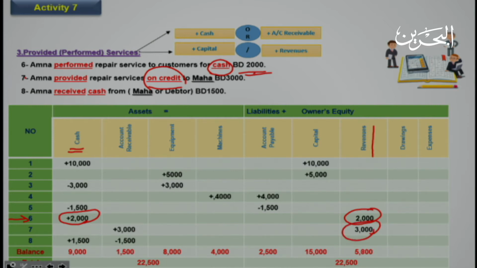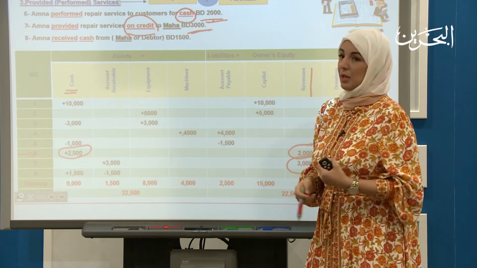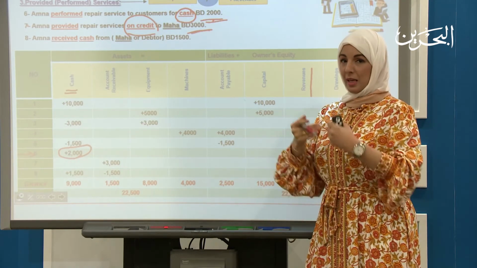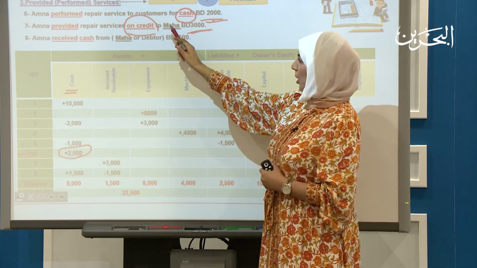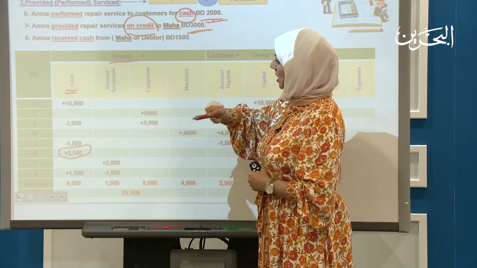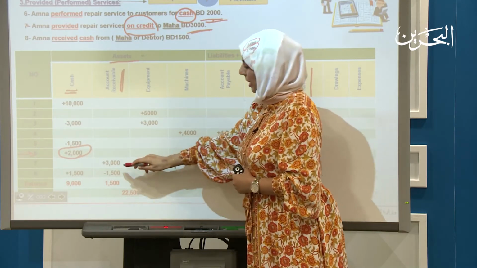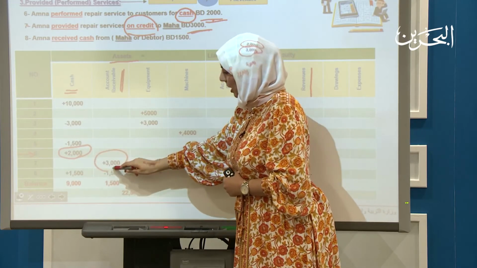But my dear student, did I receive the amount of 3,000 that I performed the service for? No, I didn't receive the amount. I'm waiting to receive this amount from Maha. So, coming to the assets section, under accounts receivable, I will increase it by 3,000.